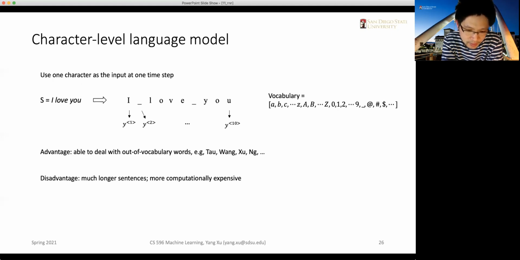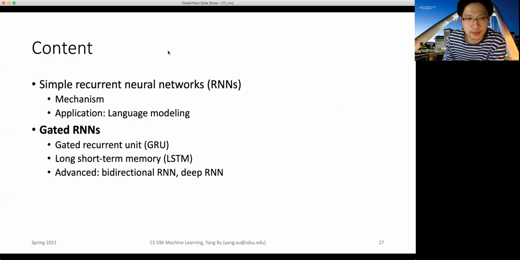For proper nouns, we usually need a separate model to predict whether the current letter is within a proper noun, right? So whether it is the start of a proper noun, within the body of a proper noun, or the end of a proper noun. These are very detailed NLP tricks, NLP techniques.